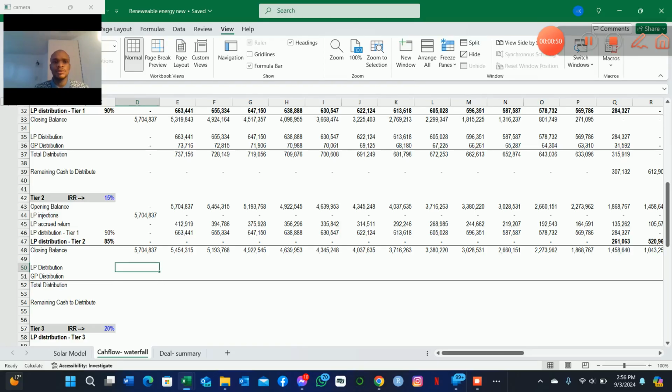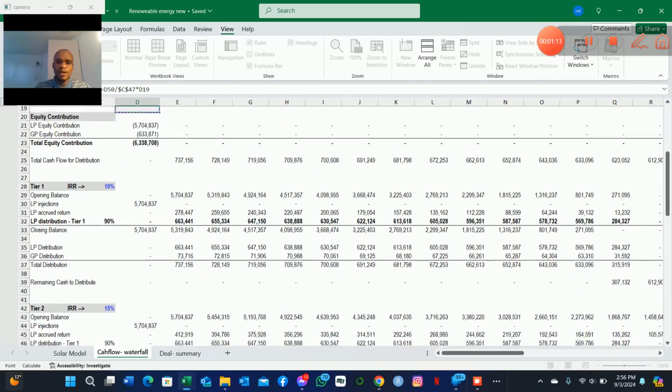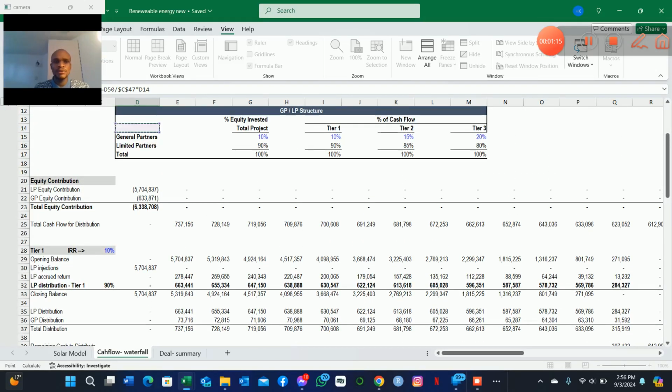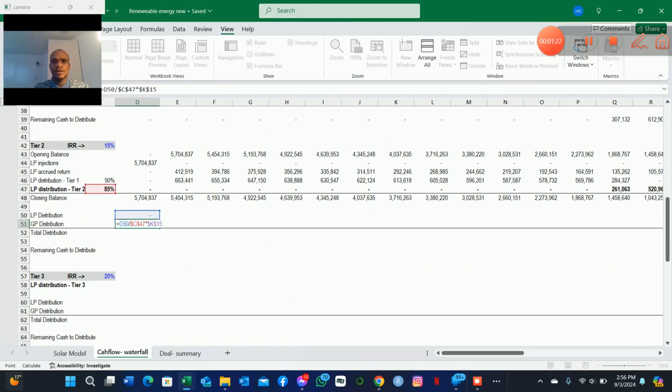In order to account for this, we're just going to reference the distributions in tier 2. And then the distributions by the general partner are going to be equal to this amount. We divide it by whatever percent contribution by the limited partners, reference that with F4, and then we multiply that by the percent that should be distributed to the general partners in tier 2.